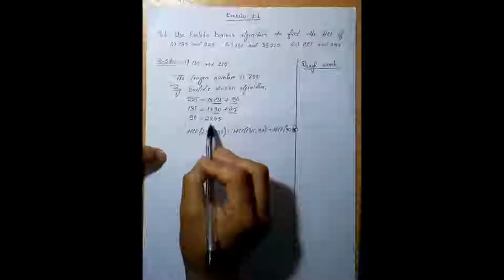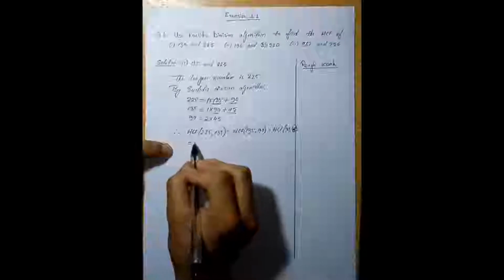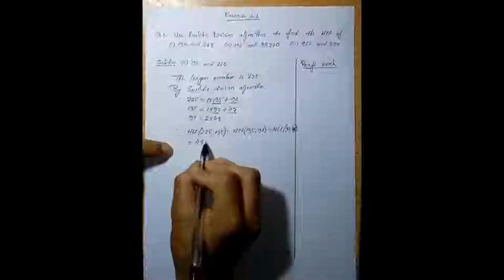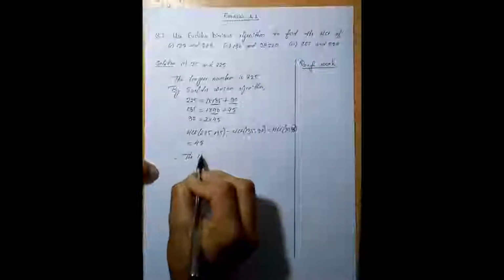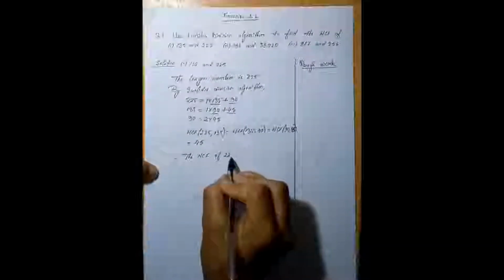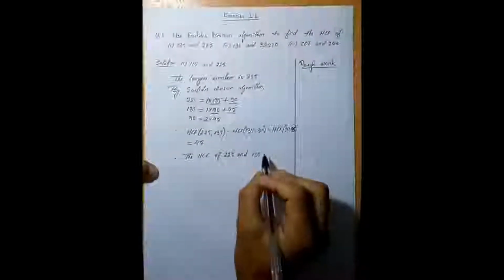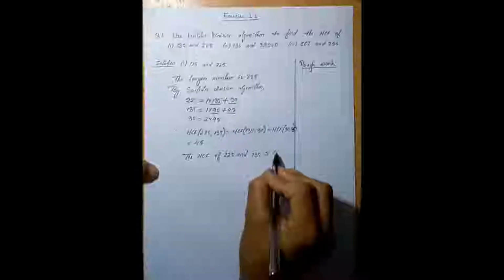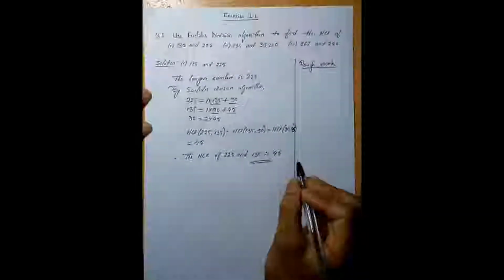How much did we get? In the last we get only 45, so it is equal to 45. Therefore the HCF of 225 and 135 is 45. This is the answer.